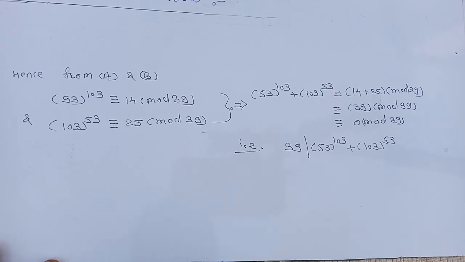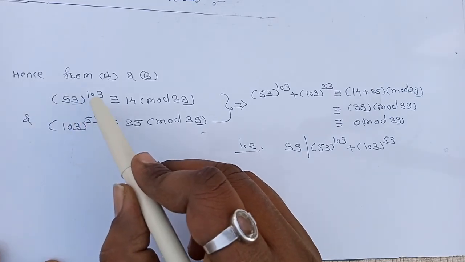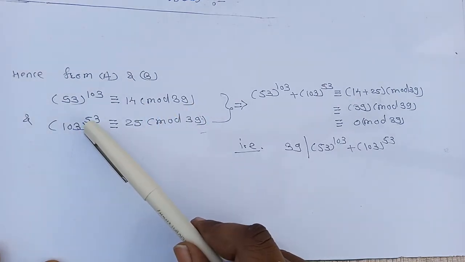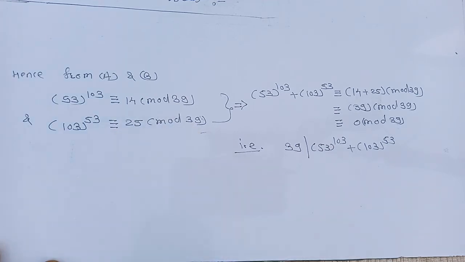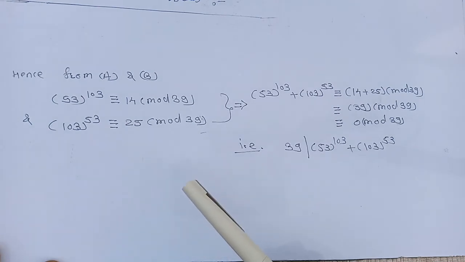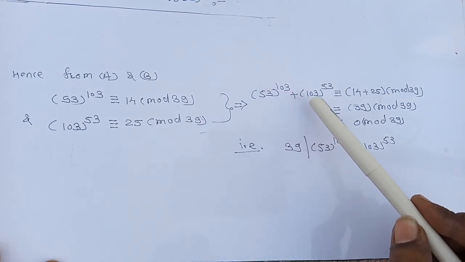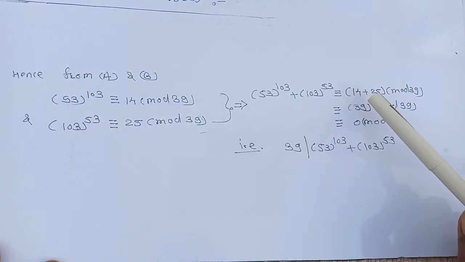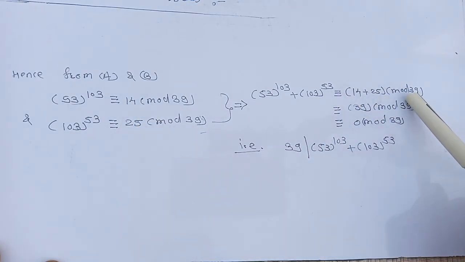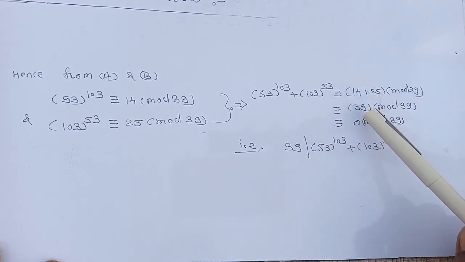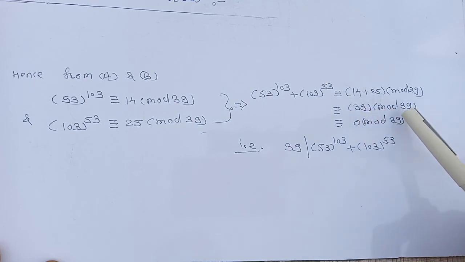Now from A and B we know that 53 raised to power 103 congruent to 14 mod 39 and 103 raised to power 53 congruent to 25 mod 39. Add these two and apply the theorem, you will get 53 raised to power 103 plus 103 raised to power 53 congruent to 14 plus 25 under modulo 39. 14 plus 25 is equal to 39, and 39 under modulo 39 is 0.